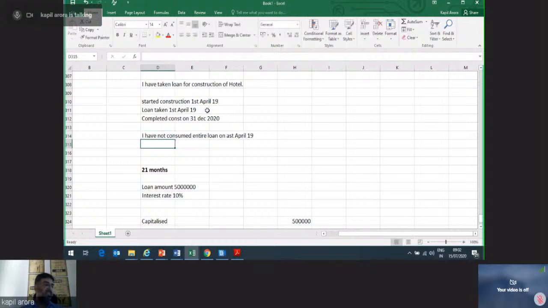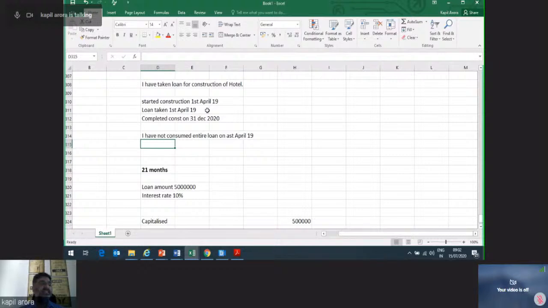It means the loan which I have taken of 50 lakh, some amount would have been used on 1st April 19, some amount on 1st July 19, some amount in December 19, some amount in January 20, and so on. Hence the entire 50 lakh would not have been used for the construction on day one itself.